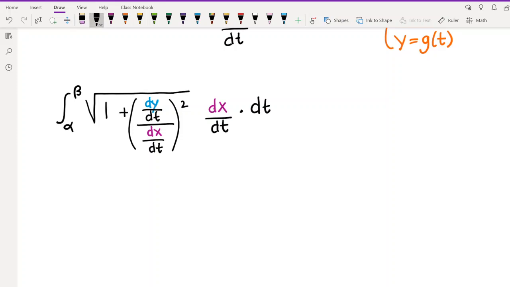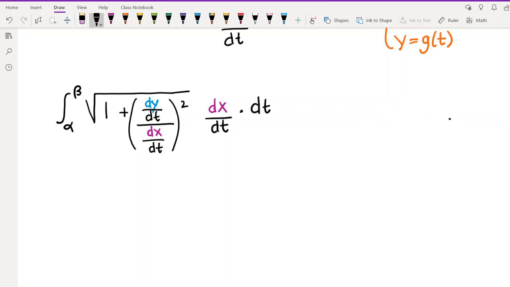It's like, for example, if you have 2 root 3, that's the same thing as rewriting this as the square root of 4 times 3. You can take something outside of a square root, square it, and then bring it inside the square root.